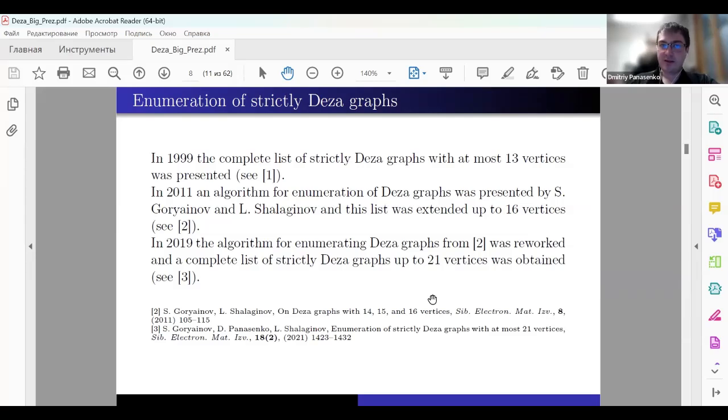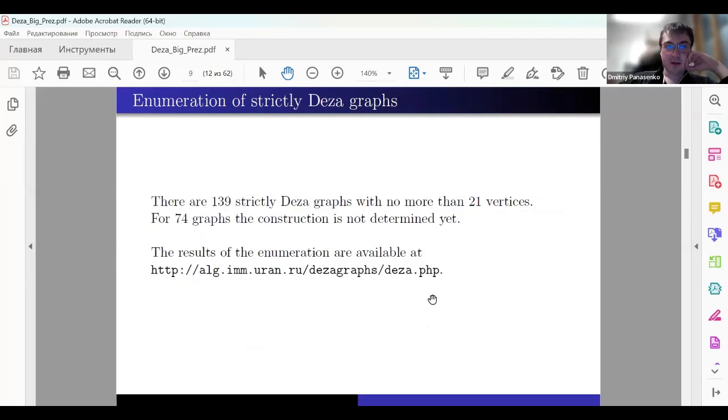Twelve years later, in 2011, an algorithm for enumeration of Deza graphs was presented by my ex-supervisor Sergei Goryainov and my colleague Leonid Shalaginov, and this list was extended up to 16 vertices. In 2019, this algorithm was reworked, and the list of strictly Deza graphs was extended up to 21 vertices.